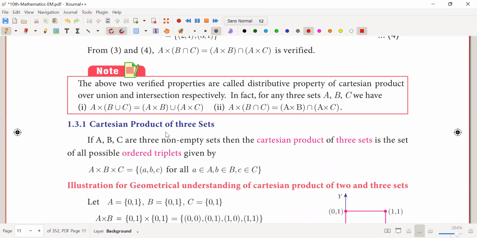You'll be coming across that question in your exercise. The property is A cross B union C will be A cross B union A cross C. A cross B intersection C equal to A cross B intersection A cross C. All right.